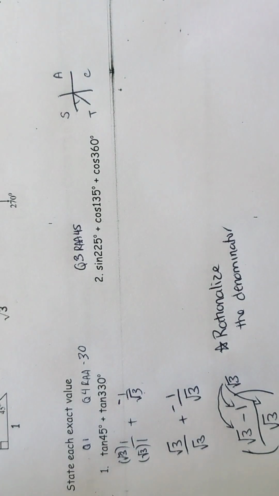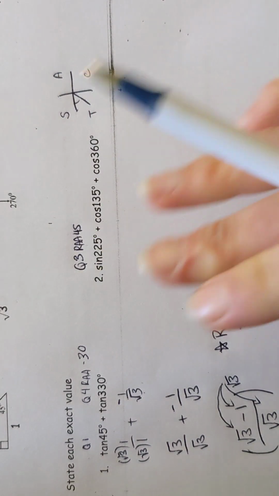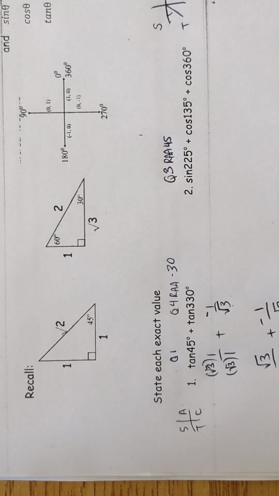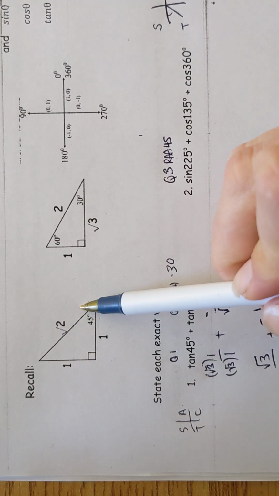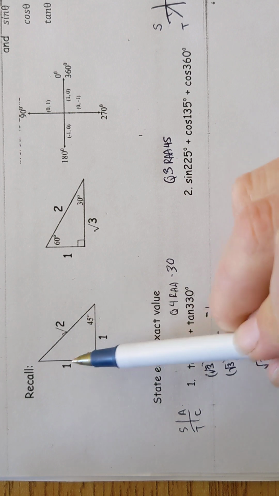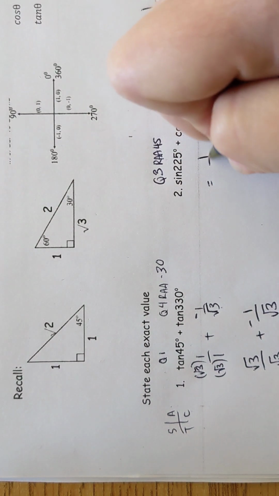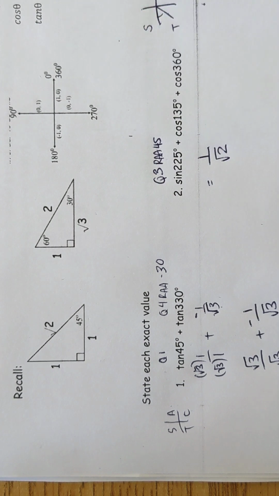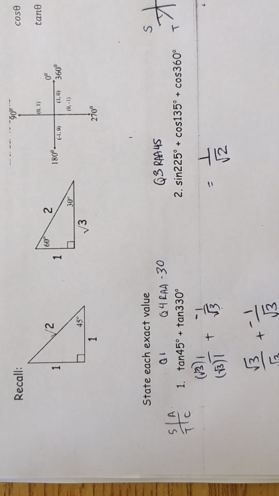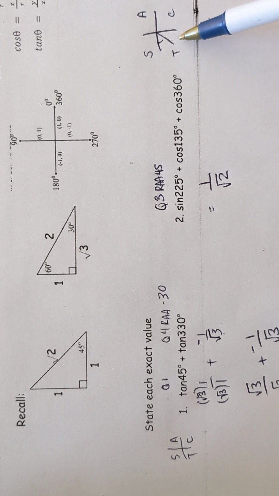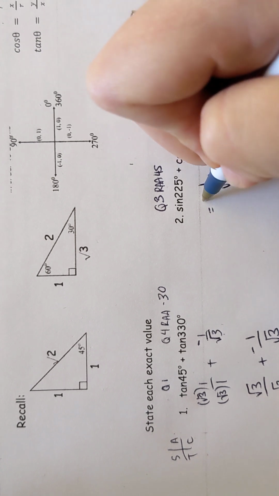Okay, and I want to keep track of that information because it's super relevant. So RAA of 45. So I'm going to go back to my 45 triangle, and I'm going to find the sine value for this. So I've got opposite over hypotenuse. So I've got 1 over root 2. And then I need to decide whether or not it's positive or negative. It is in the third quadrant, so sine is negative in this quadrant.